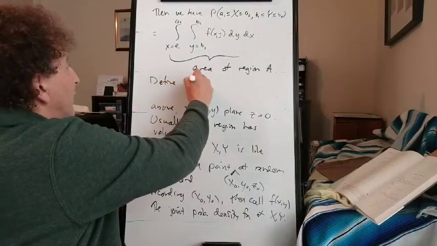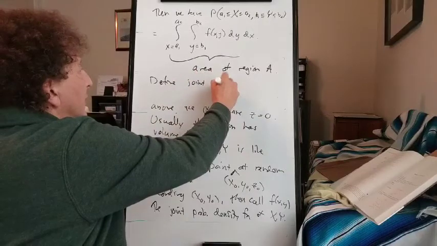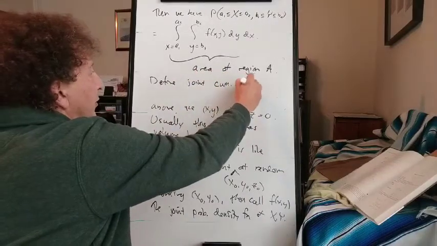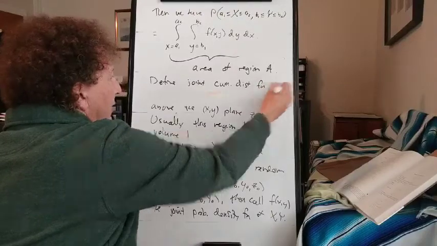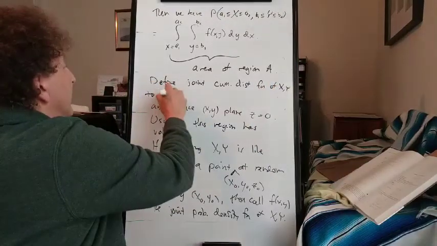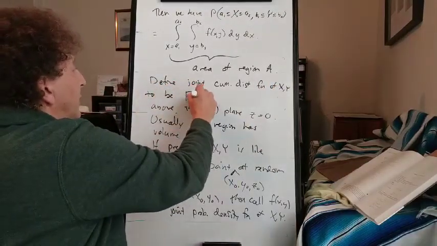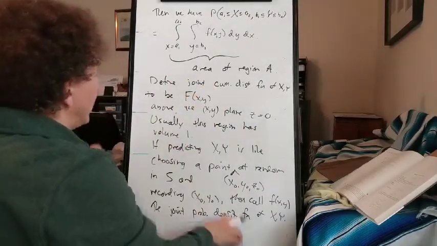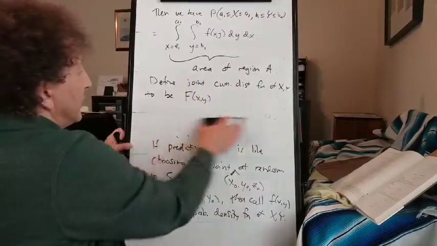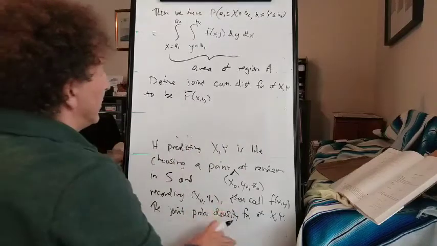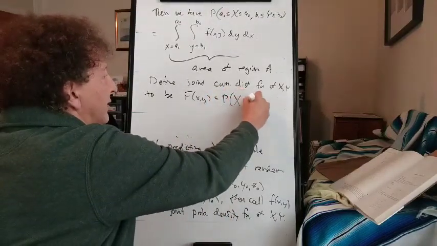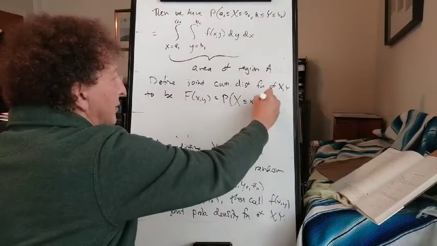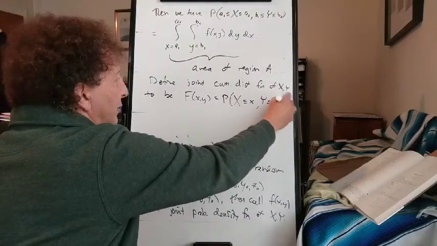Now we define the joint cumulative distribution function of x, y to be capital F of x, y, which is the probability that x is less than or equal to this value little x and y is less than or equal to this value little y.